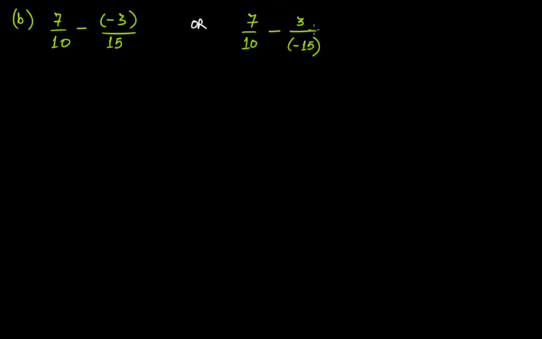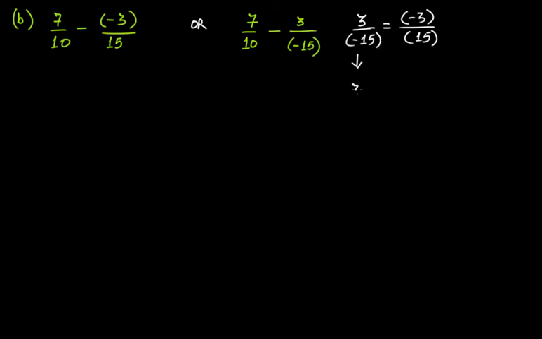So the first thing is always to check whether your denominator is positive or not. If it is not positive, then make it positive. So in this case, this is 3 over minus 15, and this can be written as minus 3 over 15 only. Same thing. How? Find the equivalent rational number and remove the negative sign from the denominator.